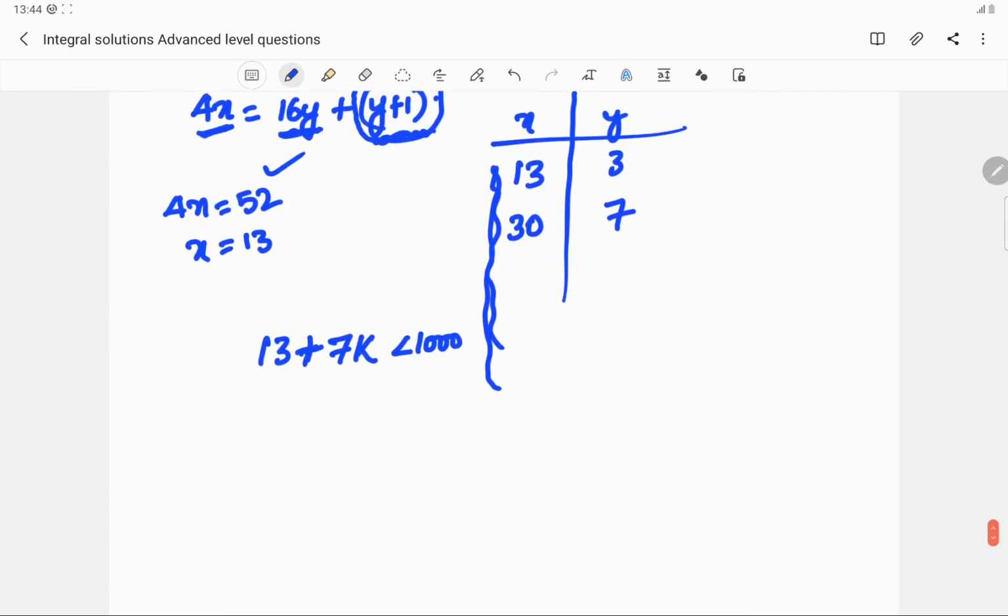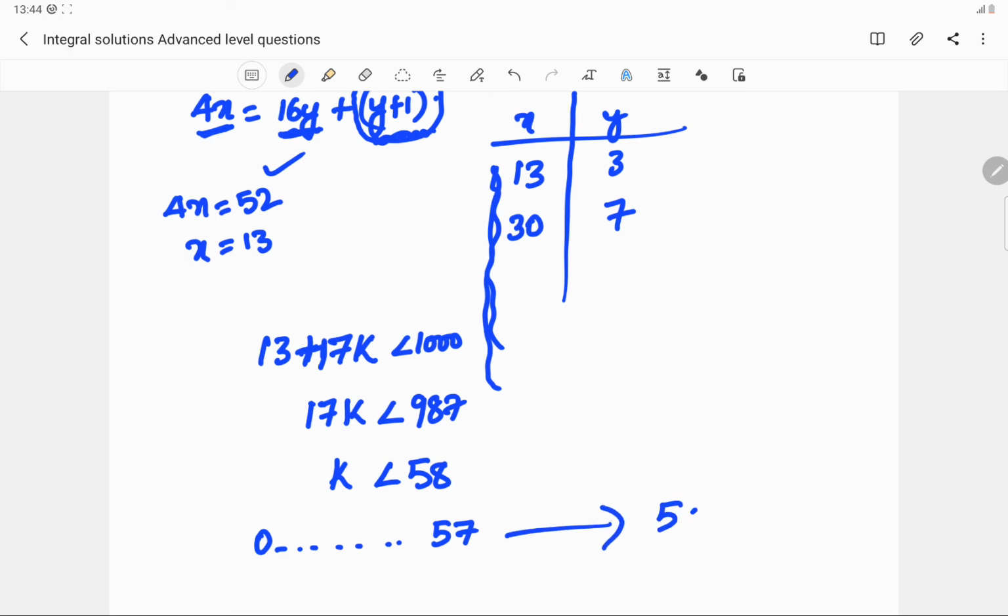So 13 plus 17k is less than 1000, which gives k less than 58. So it is starting from 0 to 57. So there would be correspondingly 58 values of x. That's all for this equation.